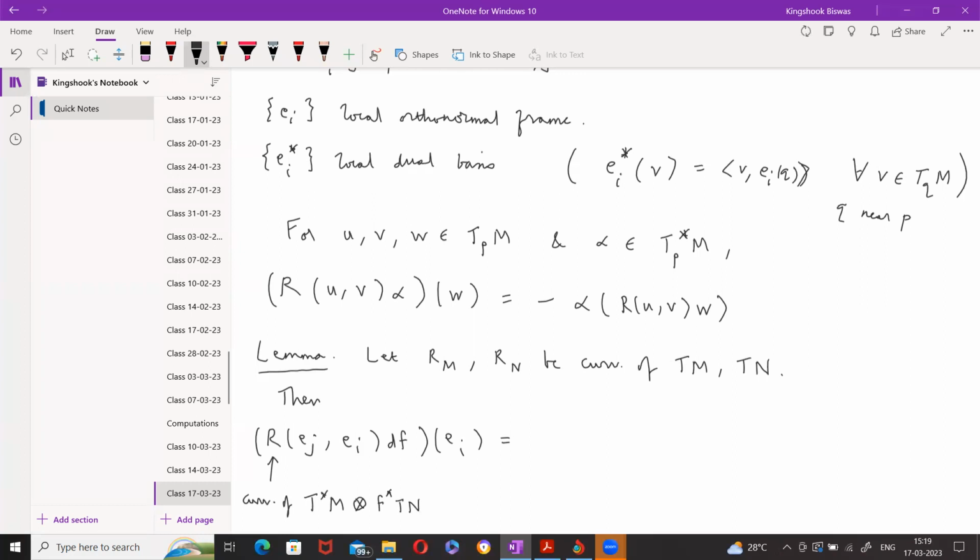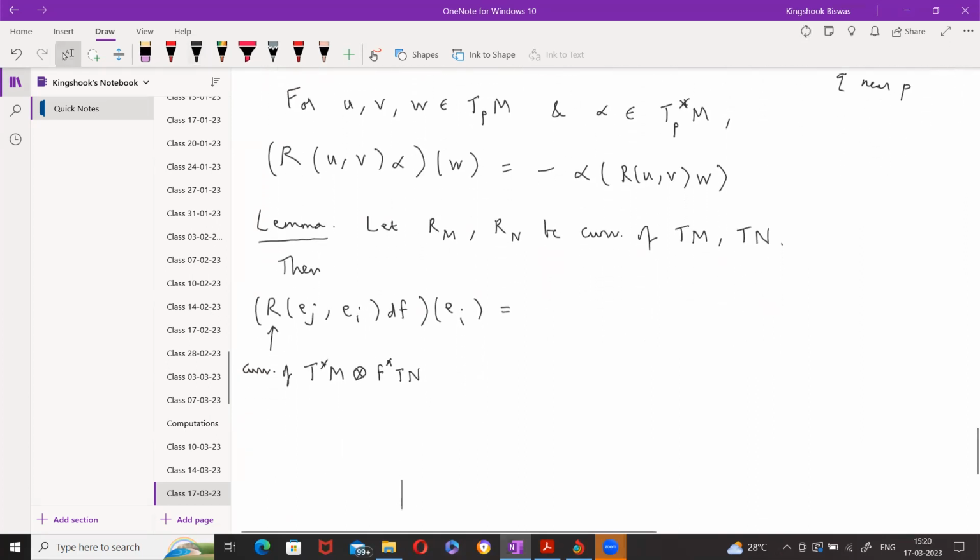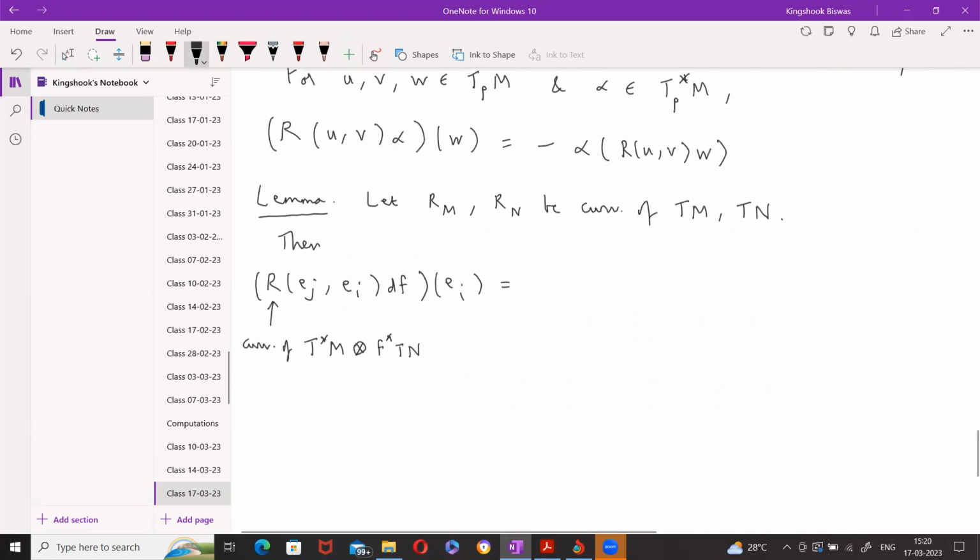So this acts on this section to give you another section of T star M tensor F star TN. That is a linear map from TM to F star TN, which will act on this section of TN. Is the meaning of the symbols clear? Okay, so this curvature we'll be able to write in terms of the curvatures of M and N. Let's stop this session and start a new one.